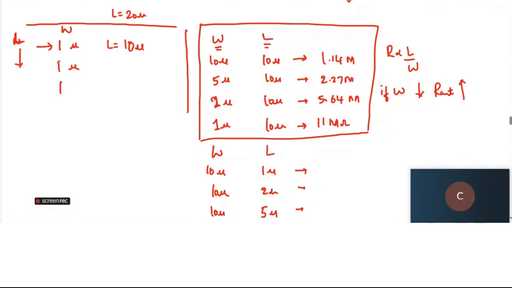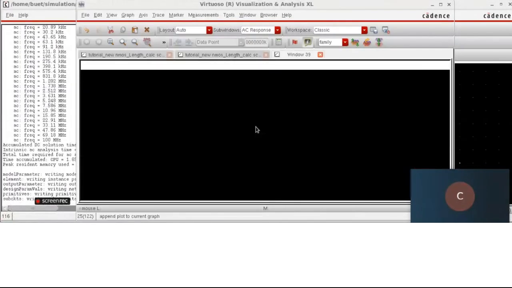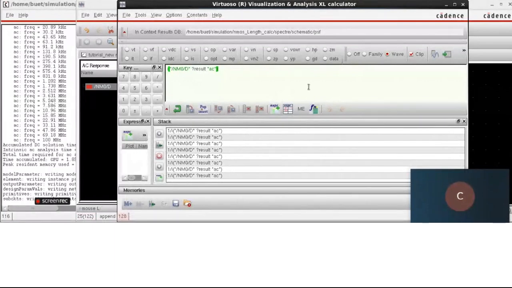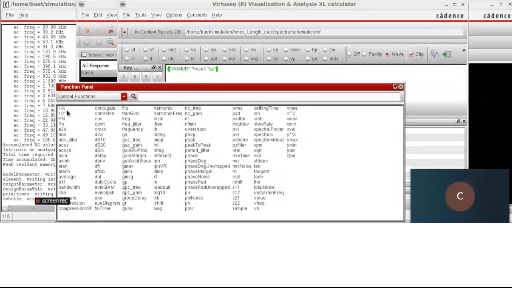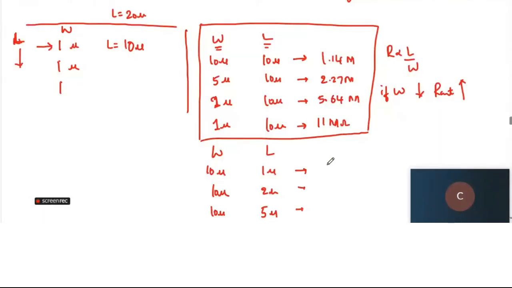Here I am just fixing W. Okay, so let us try to evaluate that expression. Send to calculator, get that to the function, take the inverse of that. We will be getting 36.8 kilo ohms.